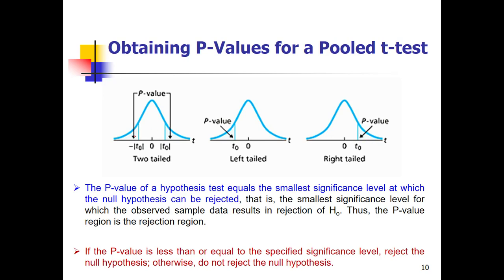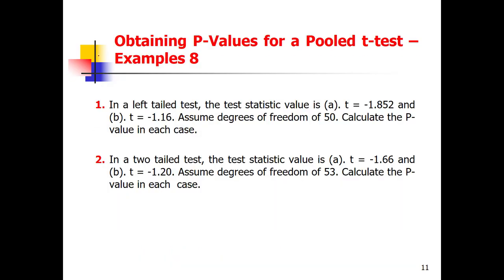Okay, so what we have is the degree of freedom. For question 1, part A, I have degree of freedom 50, and I have t equals minus 1.852, and it is also a left tail.